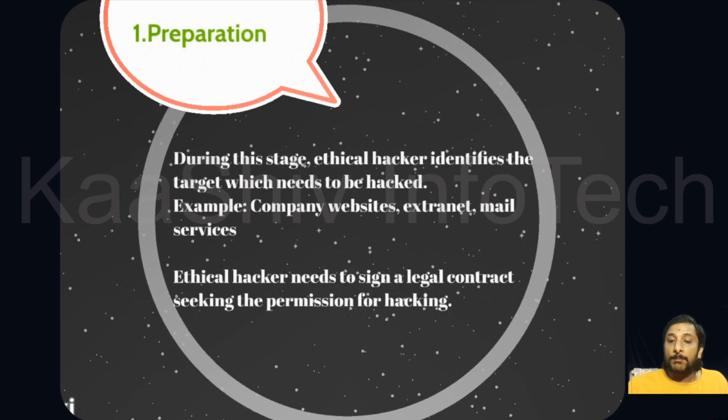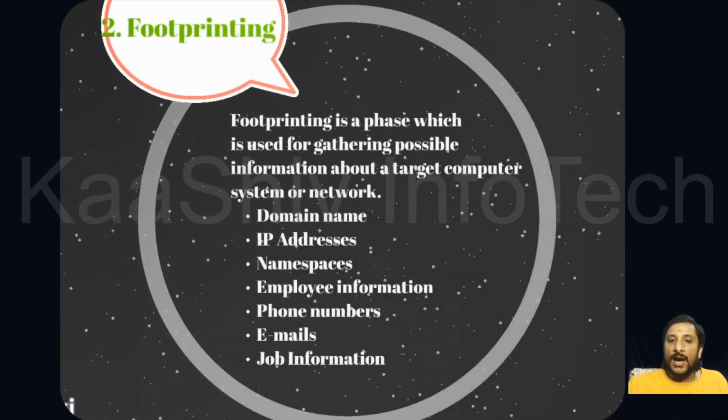The first thing is preparation, reconnaissance. I told you before. They prepare how they are going to attack the system, who is the victim, and they'll try to grab all the information. From there, they'll go for footprinting. They will first identify the domain, the website. From there, the IP address, the namespace, who the employees are, and the employee information: phone number, email ID, job information.